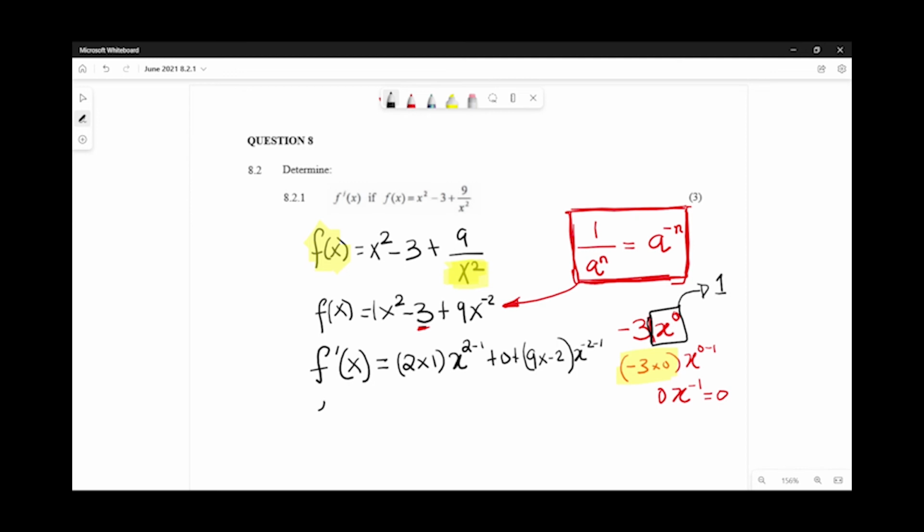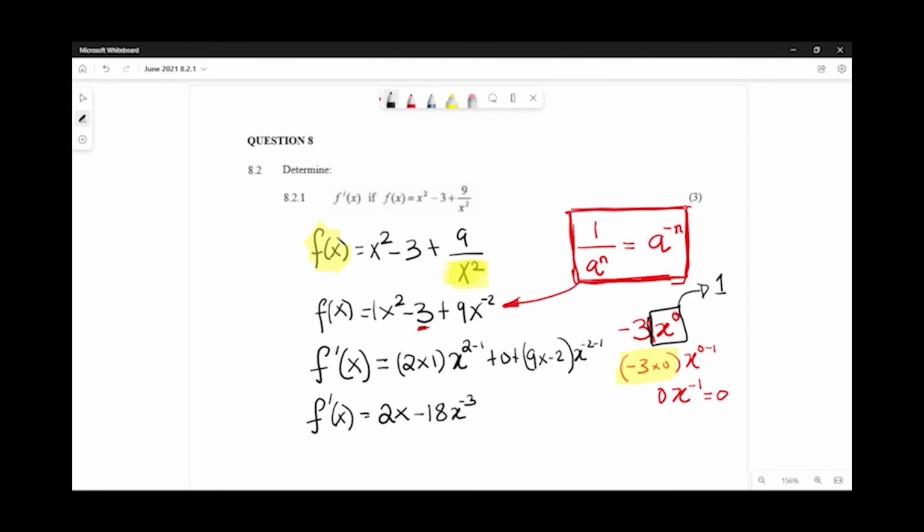And then we're going to simplify this. We'll have 2x, and that's just 0. We're going to have minus 18x to the negative 3.